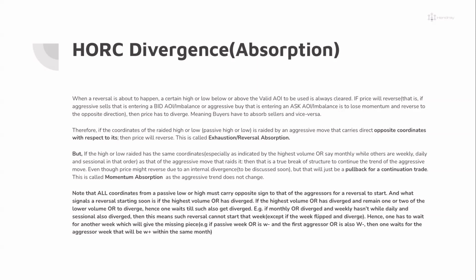Hence, one has to wait for another week, which will give the missing piece. For example, if passive week OR is W minus, and the first aggressor OR is also W minus, then one waits for the aggressor week that will be W plus, within the same month.